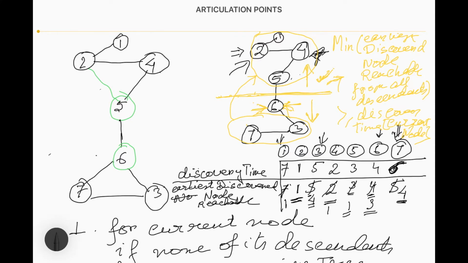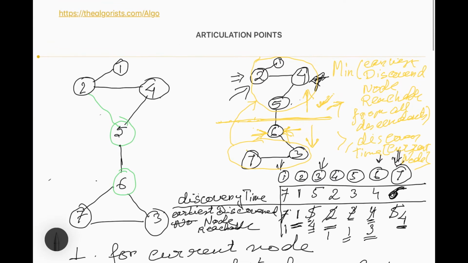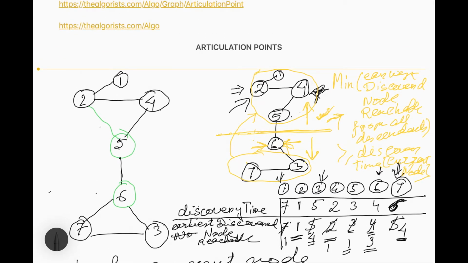So you need to connect those disconnected components with each other, at least using one edge. And you don't have to do this for every pair of disconnected components. You will have to make sure that you can go from any component to any other component using at least one edge. So let's see what I mean by this.